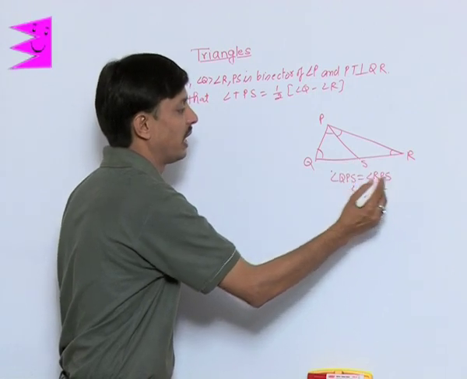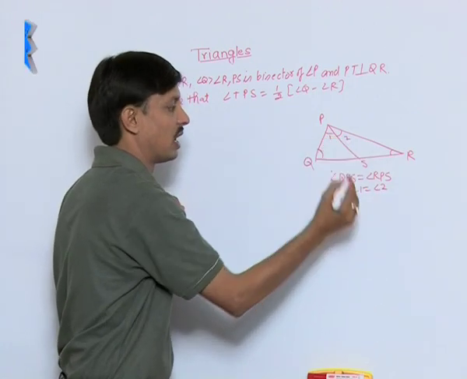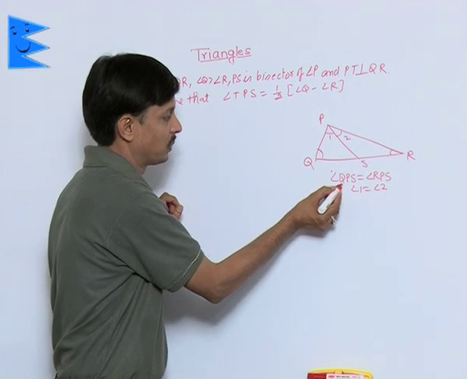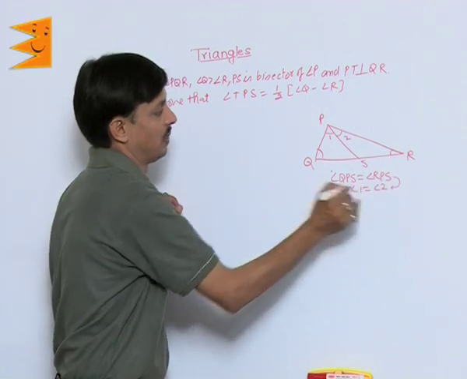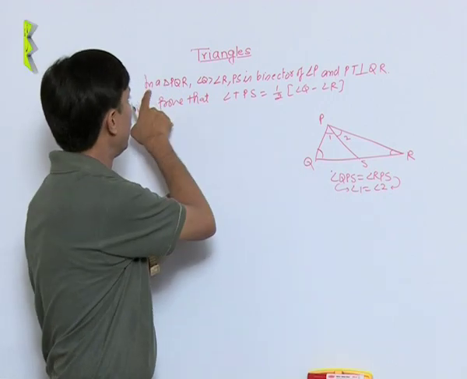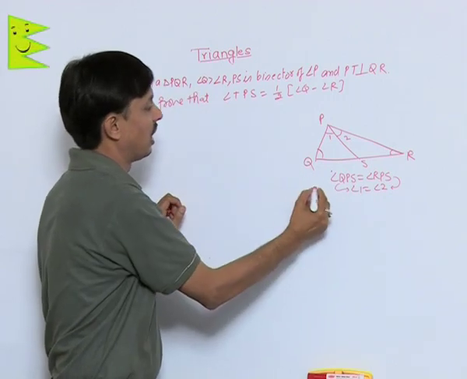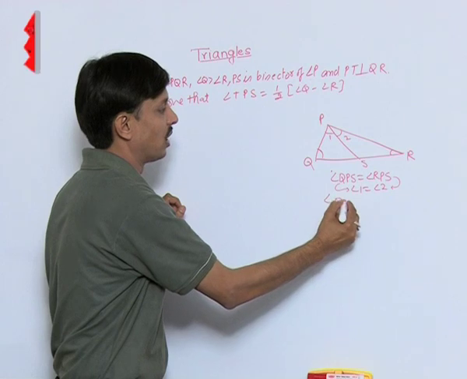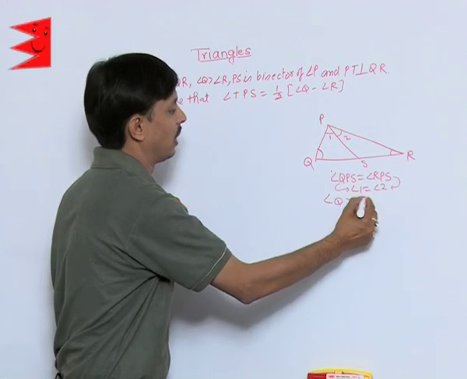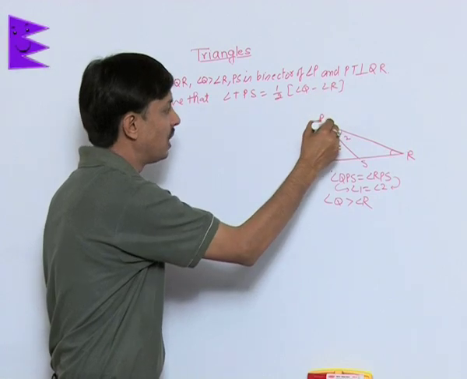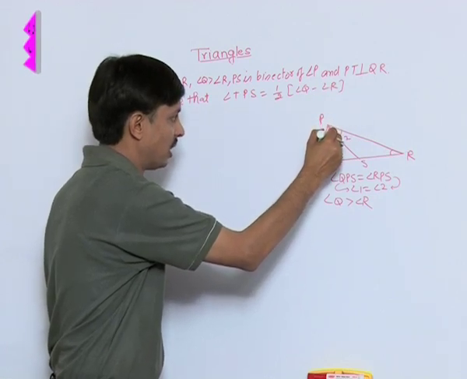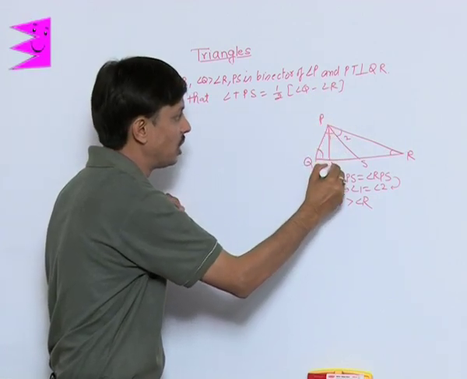So angle 1 and angle 2, if I mention, are equal. 1 stands for QPS, 2 stands for RPS. This is given. In triangle PQR, angle Q is greater than angle R. PS is the bisector of angle P and PT is perpendicular. There is one more line, that is PT.